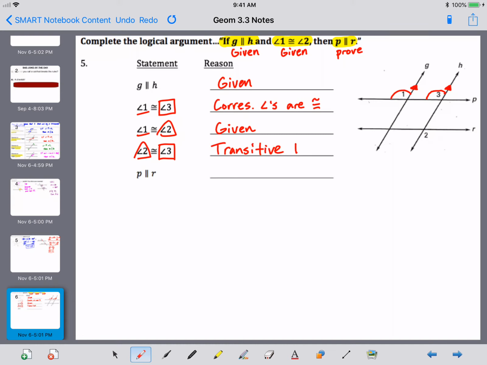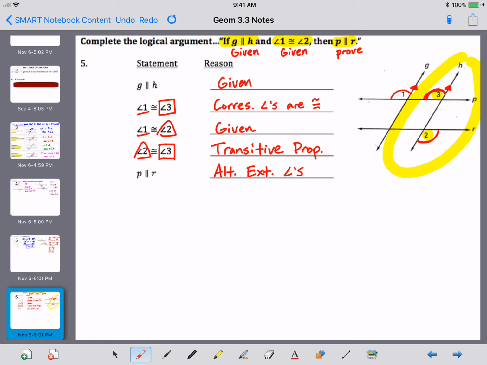All right, and the last part, now we know from statement 5 that 2 is congruent to 3. So you remember what kind of angles these are? 2 and 3, if we just look at this half of the diagram, so right here, 2 and 3 are actually alternate exterior angles.